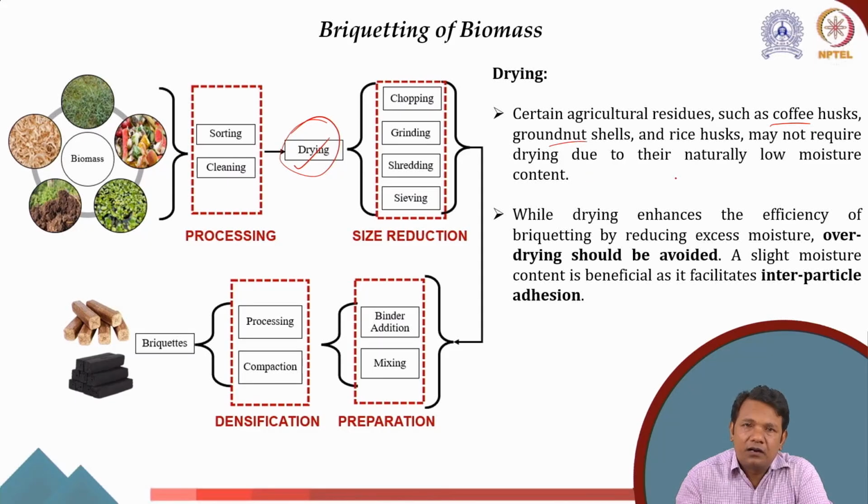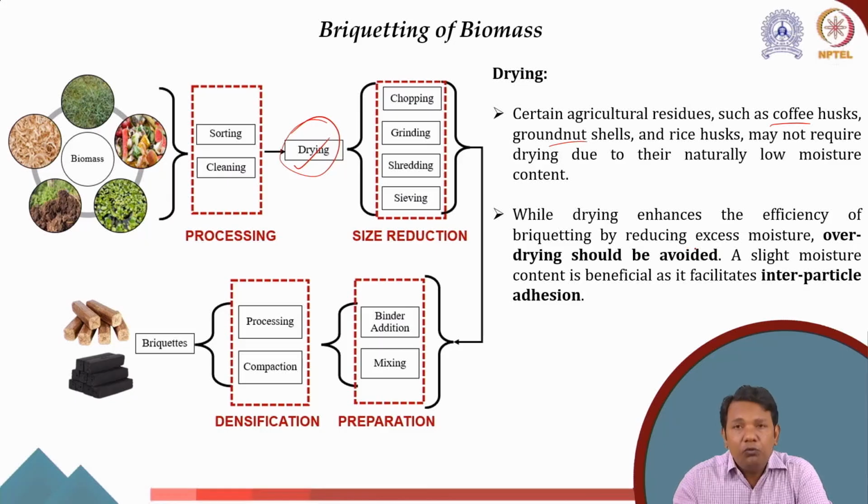However, there are other kinds of biomass which may have high moisture content, as I said in the beginning, that it can go up to 80%. So that has to be removed. The moisture has to be removed because removing it enhances the efficiency of briquetting, and when moisture is removed, the biomass weight will be more. Otherwise, if 80% moisture is there, 80% weight is from the moisture.